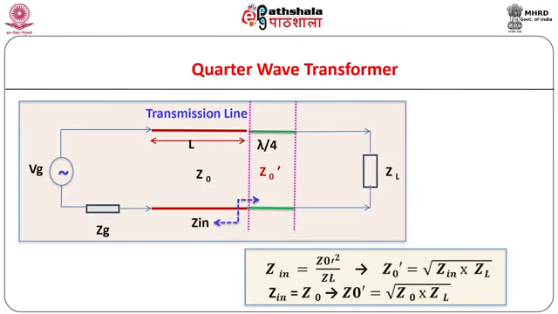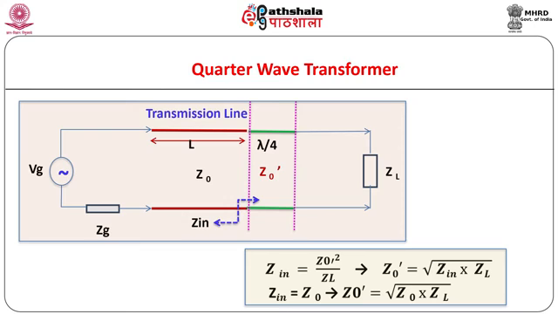With such insertion of a small segment of transmission line of length lambda by 4, it can be shown that Zin is equal to Z0 dash square upon ZL, or Z0 dash is the square root of the product Zin into ZL.